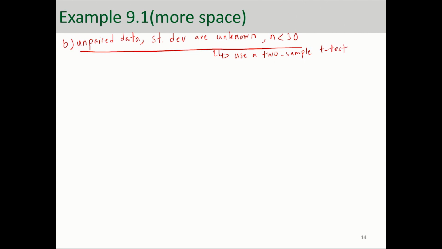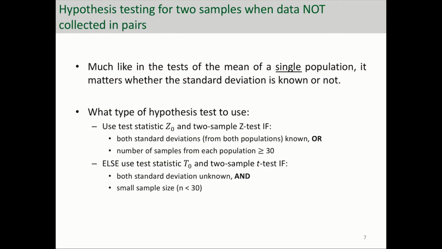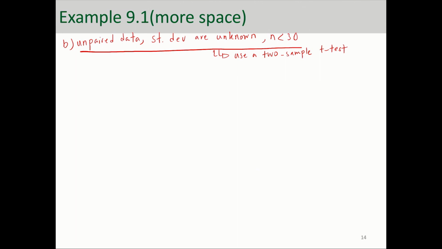And this is based on, if I go a few slides back, the conditions that we have here. The standard deviations are unknown, sample size is less than 30, and we're doing the t-test here. So we have to calculate the t-score. Now this is the formula for the t-score, and we have the x-bars, averages for supplier A and B, as well as the standard deviations.